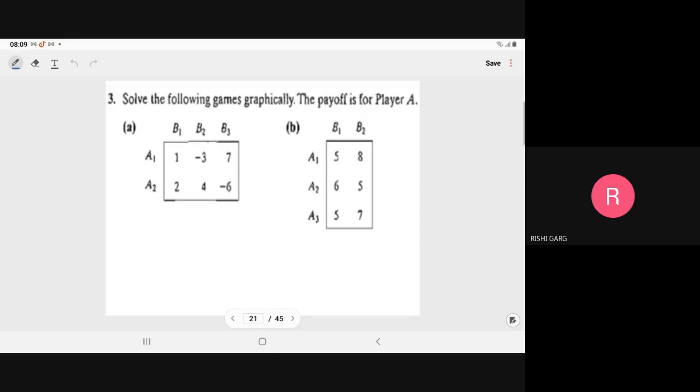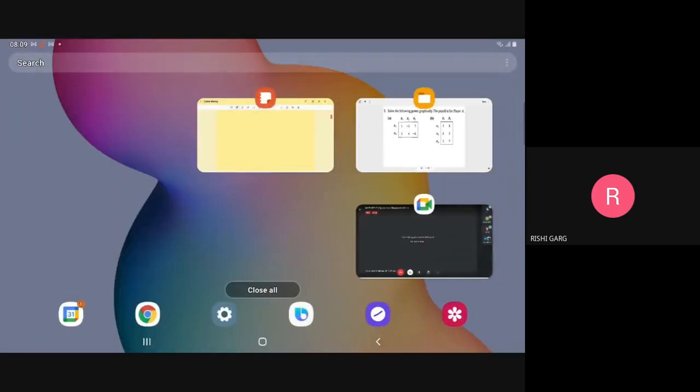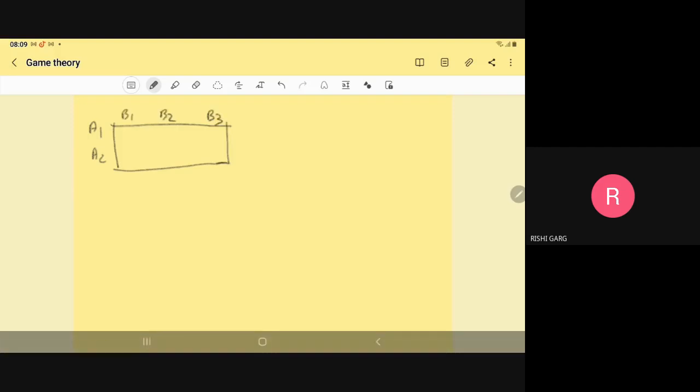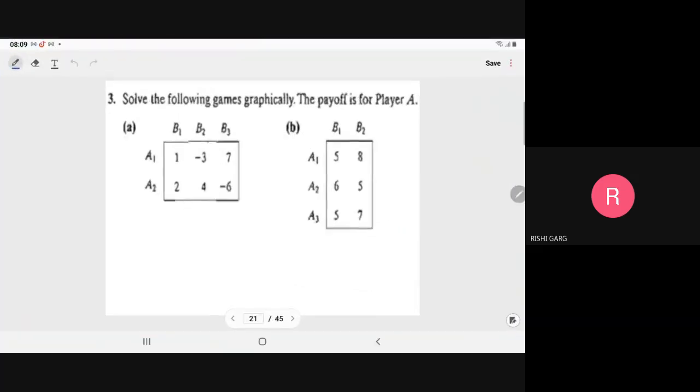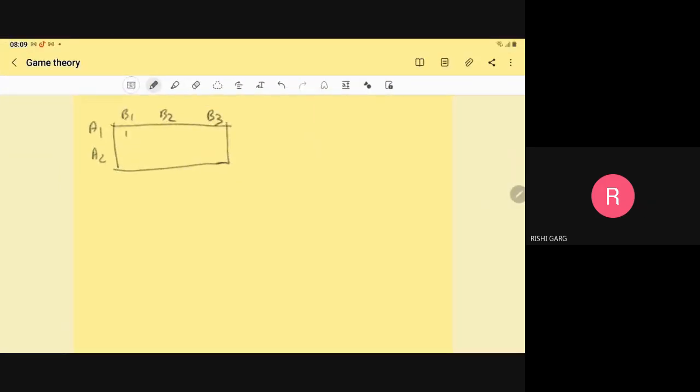The payoff is for player A. Player A has strategies a1, a2, and player B has three strategies b1, b2, b3, and the payoff is given as 1, minus 3, 7, 2, 4, minus 6. So this is the payoff.